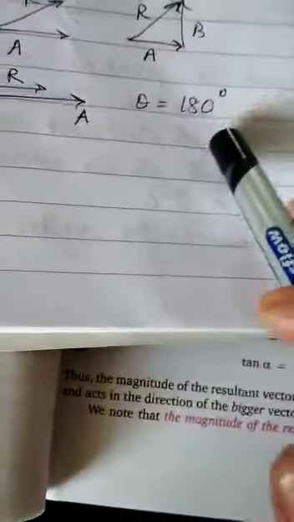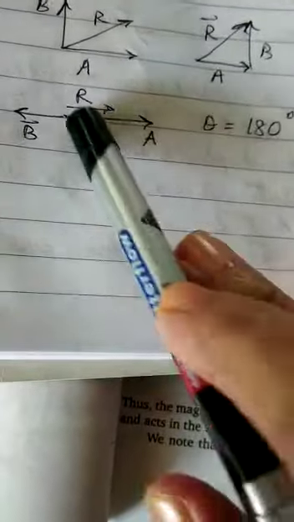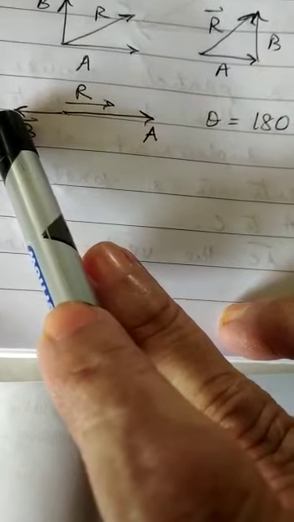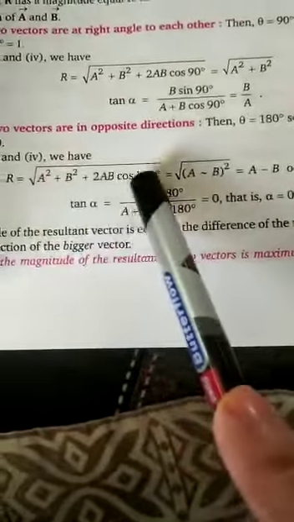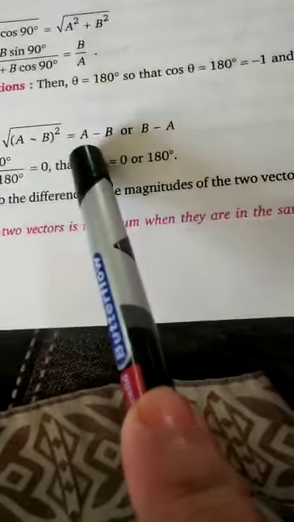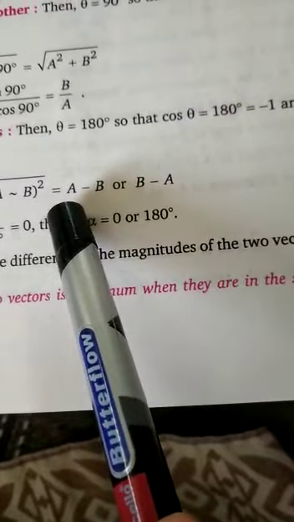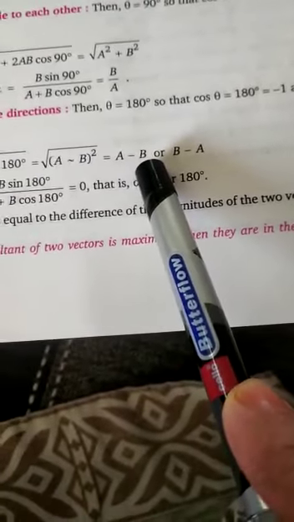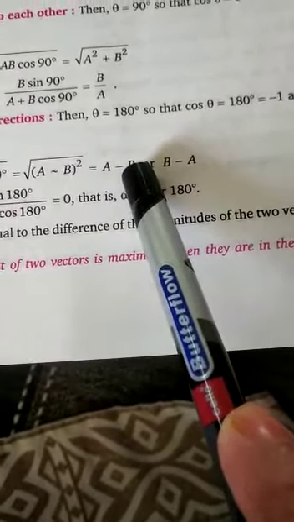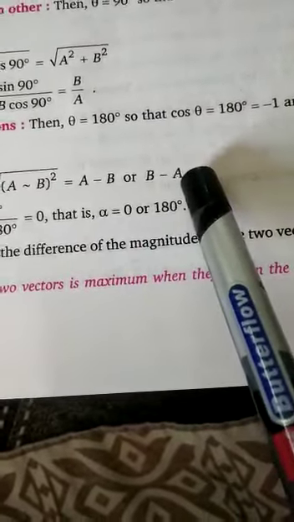And the third case is, say theta is 180 degrees. The two vectors are anti-parallel to each other. Then we have R is equal to this, with cos 180 over here. So R will be A minus B or B minus A. Now when will it be A minus B? R will be A minus B when length of A is greater than B. When will it be B minus A?